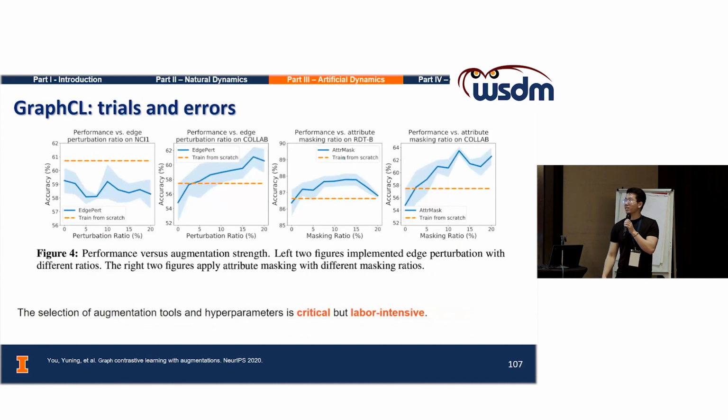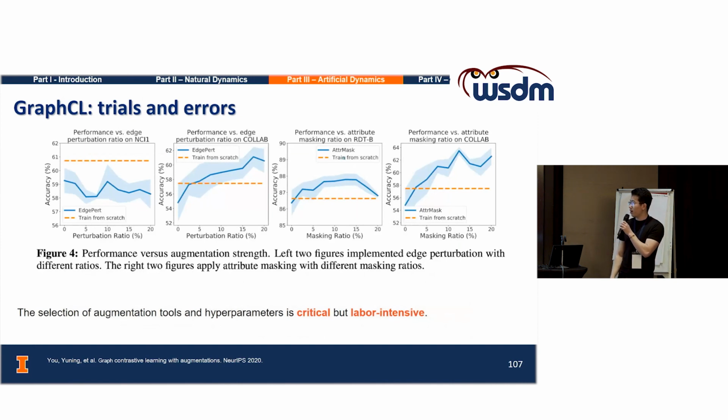What's even worse is that the hyperparameter settings also matter. For example, for the edge perturbation augmentation technique, we have only one hyperparameter to decide how many edges are dropped in every augmentation.